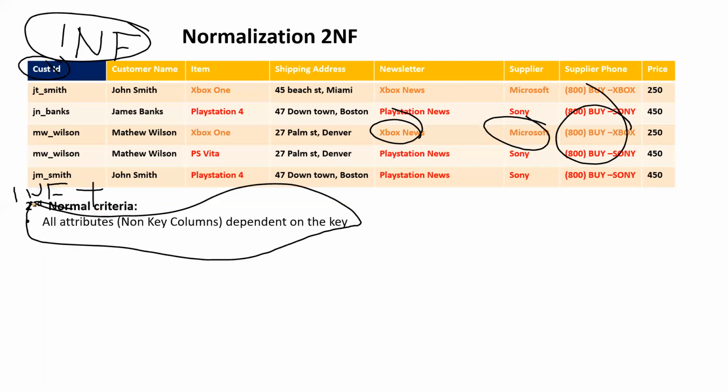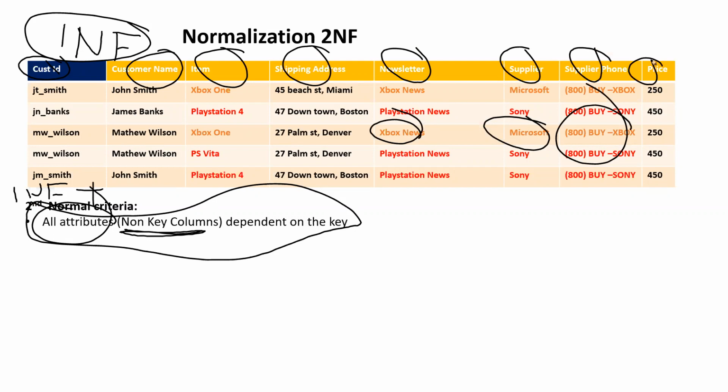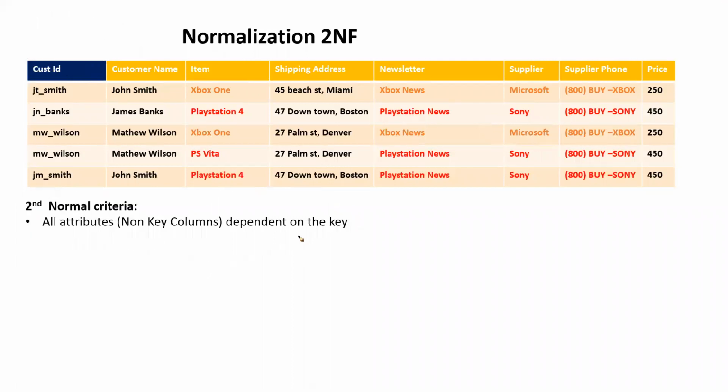All attributes which are non-key columns should be dependent on the key. All the attributes, these are my attributes, should be dependent on only customer ID. That is what my requirement is for the second normal form.